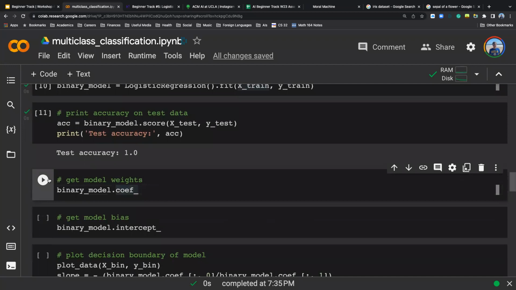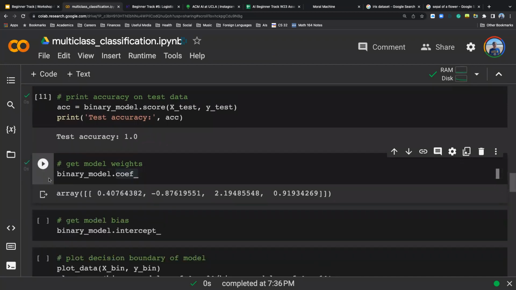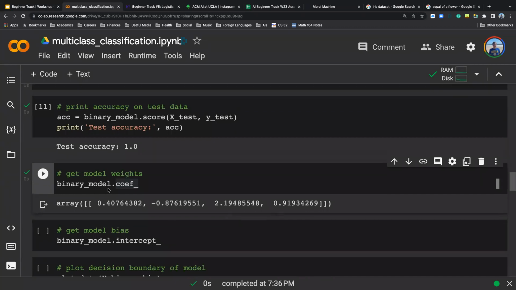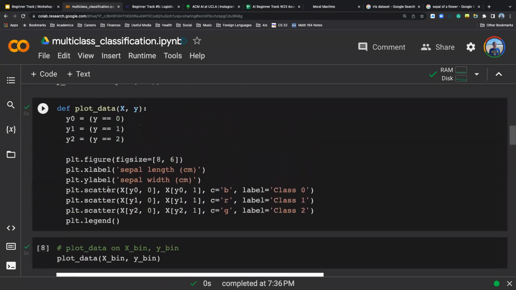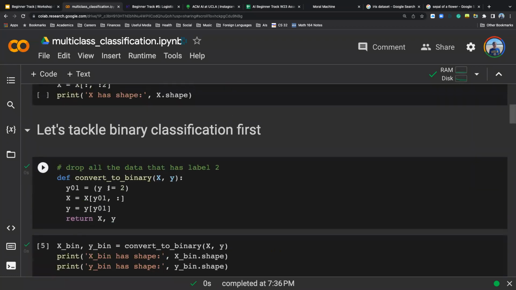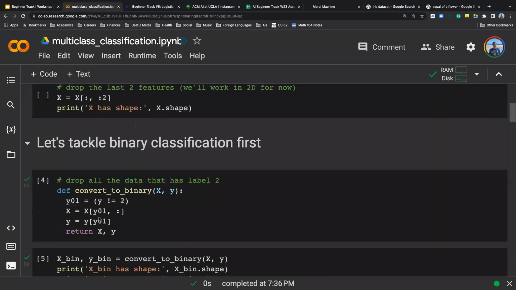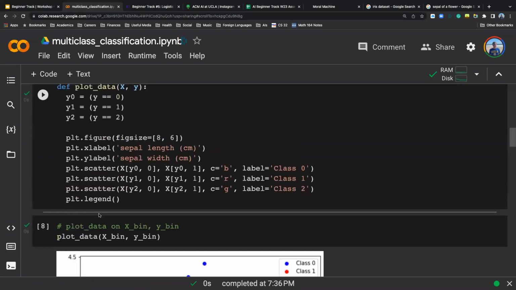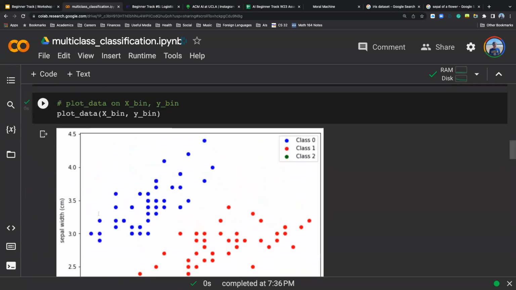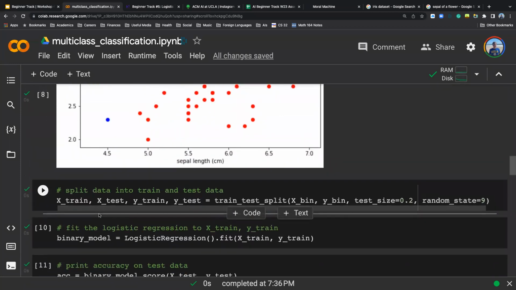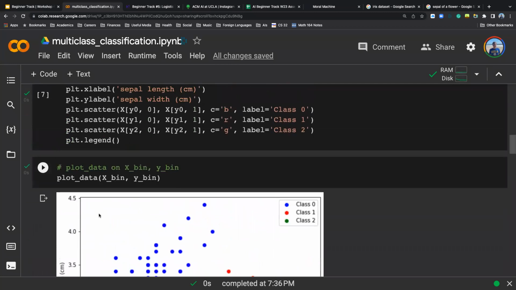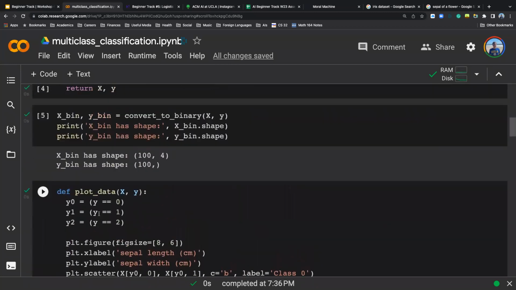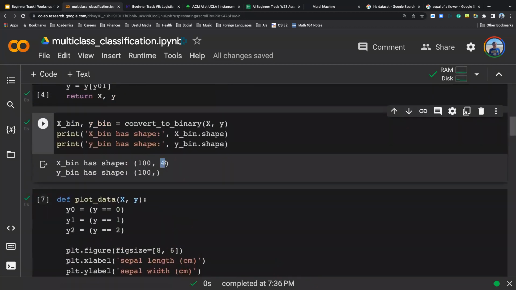Anyway, why don't we look at our coefficients? So we have 4 coefficients, and I think these coefficients correspond to X bin, Y bin. Yeah, right here. Okay.